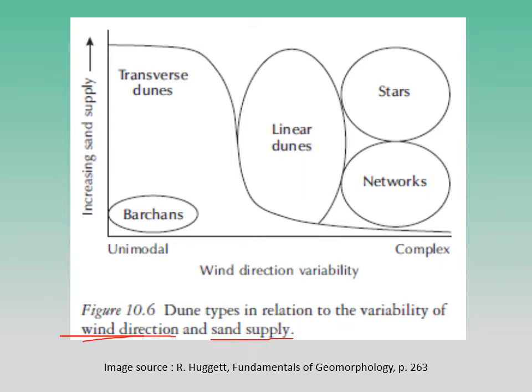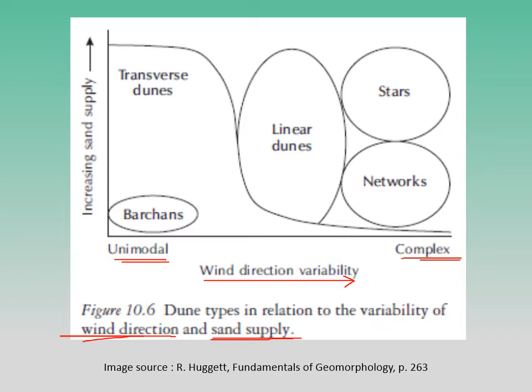Here you can see in the x-axis, wind direction variability is drawn, where close to the origin you can see unimodal wind flow direction, and as we move to the more positive side of the x-axis we find more and more complex wind flow directions. In the y-axis, as we move in the positive side from the origin, we can see the sand supply will increase.